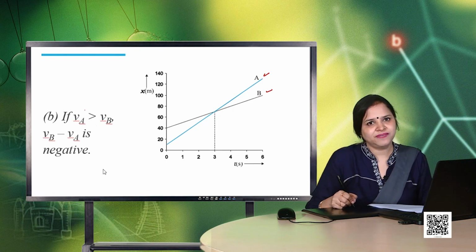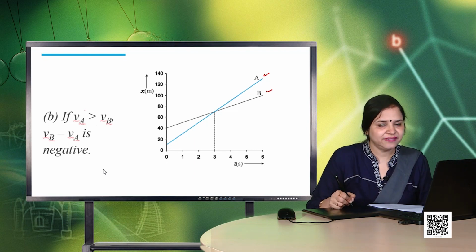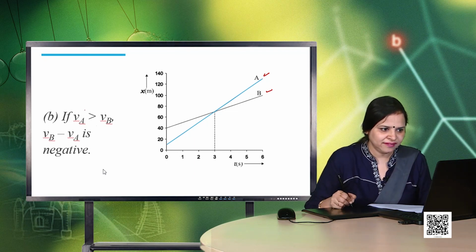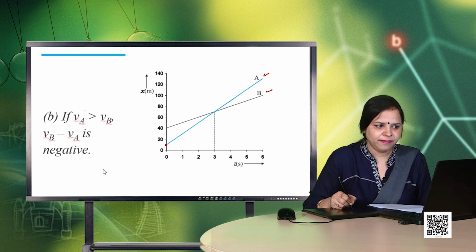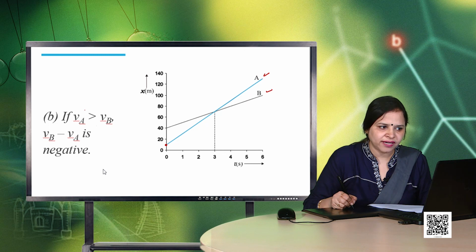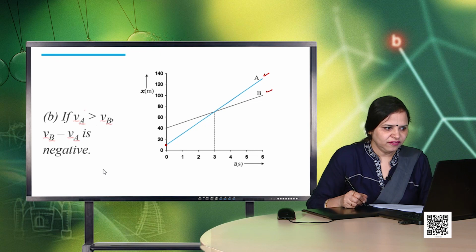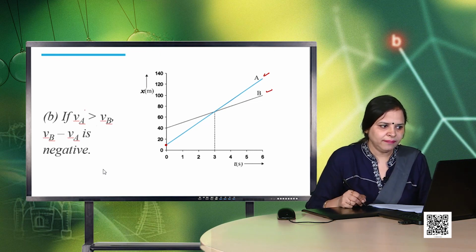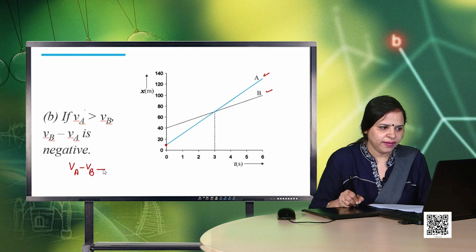Let us say object A is at a mark of 10 meters from the origin, and object B is at the 40 meter mark from the origin initially. Now, since VA is greater than VB, VB minus VA is negative and VA minus VB will be positive.